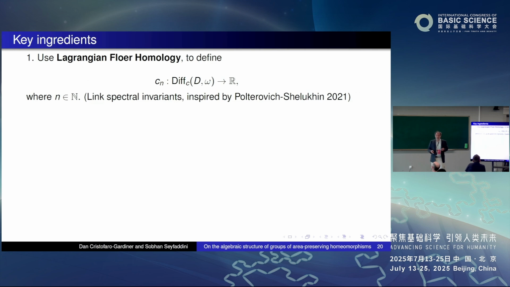You imagine we have this Calabi homomorphism. We want to try to extend it, but it's not C0 continuous. Kind of a strange thing. So the first part is to appeal to Floer homology. For time reasons, we don't have much that we're going to say right now about Floer theory, although we do have some bonus slides if we have time at the end. Floer theory is a whole package, and you can use it in particular to define what are called spectral invariants.